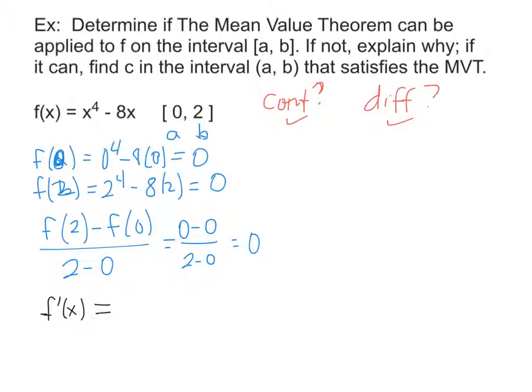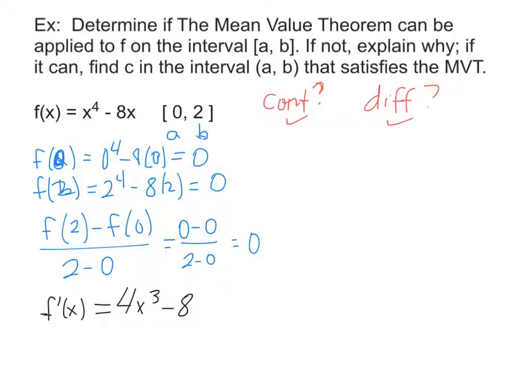X to the fourth minus 8x is going to be 4x cubed minus 8. And then, to find out where my c is located, I'm going to set my derivative equal to the slope of my secant line. This is the slope of the tangent line, 4x cubed minus 8, at some x value I don't know yet.